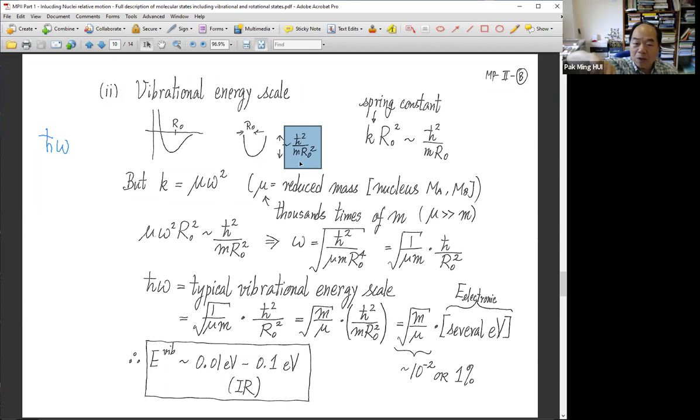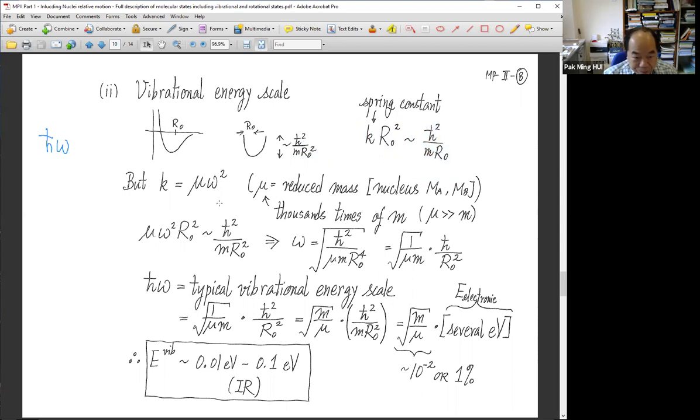We are climbing up the curve by this amount when we compress it by R0. So we have this rough estimate.